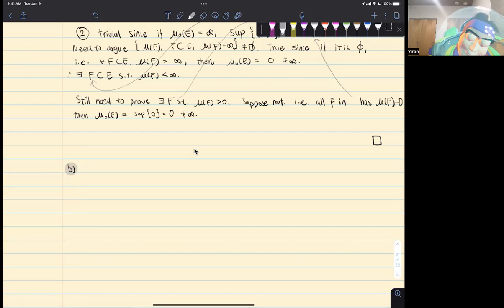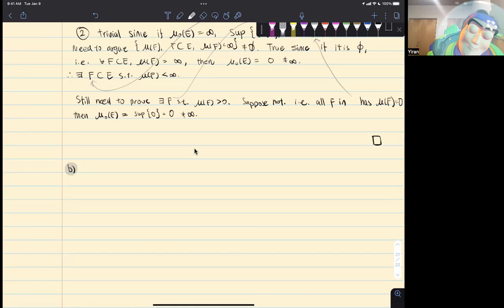Actually this is equivalent to showing, sorry, I think I should have written a supremum. So this is equal to the supremum of this, so this is equal to infinity by the definition of supremum.